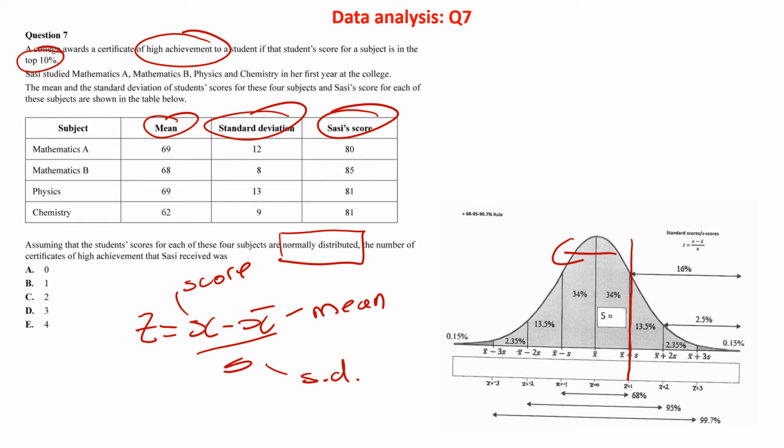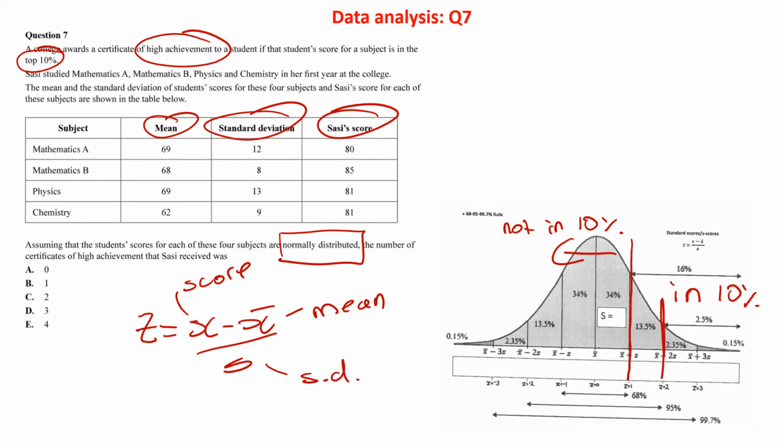If I'm a little bit below 1, I'm definitely not in that top 10%. Whereas if I've got a Z score of 2, that means I'm basically in the top 2.5%, so that one is in the top 10%. So that's how we can use that here.